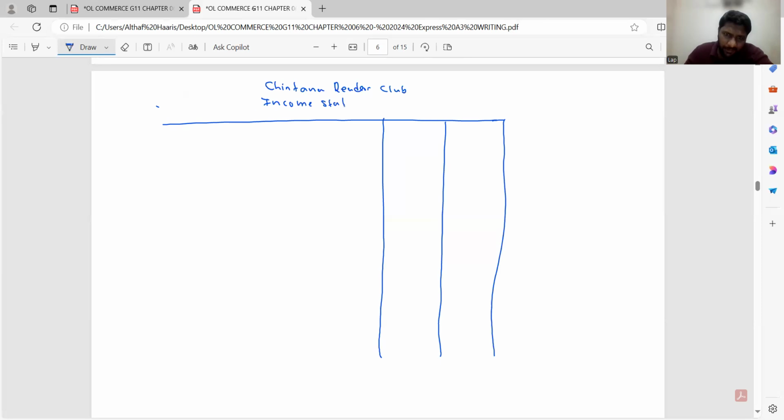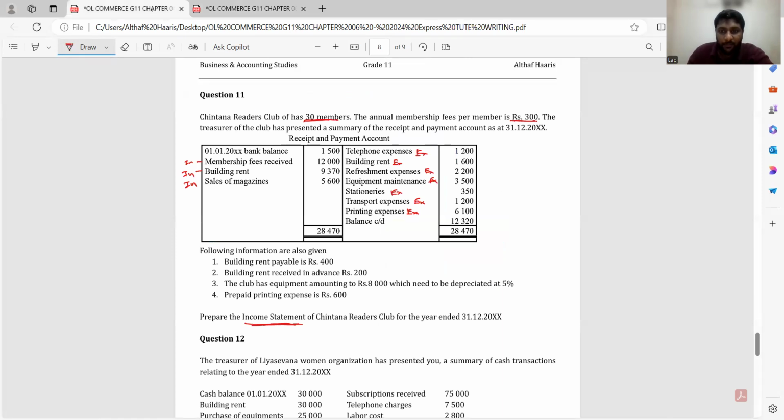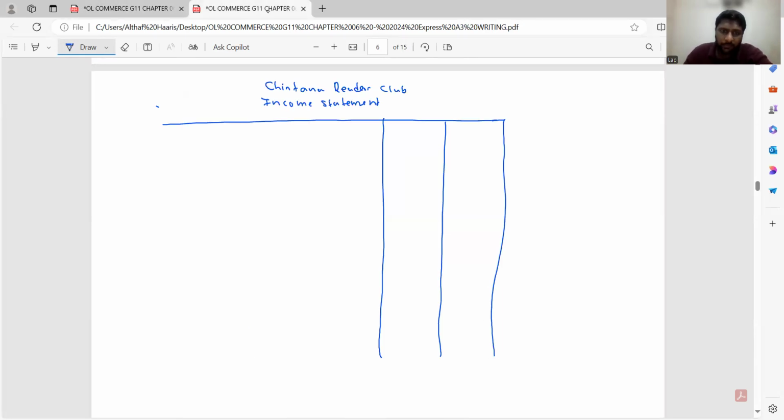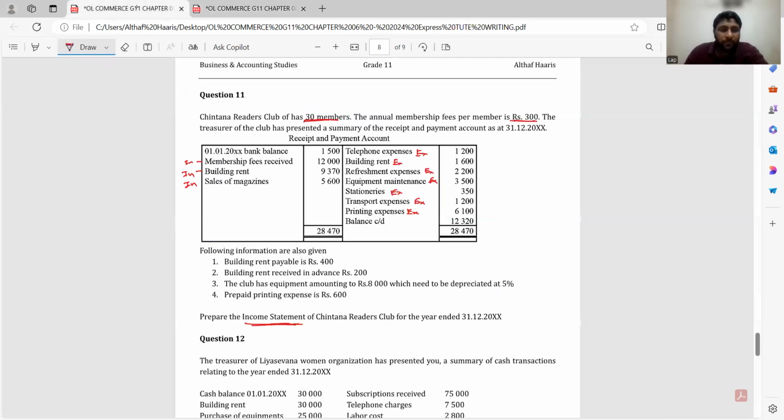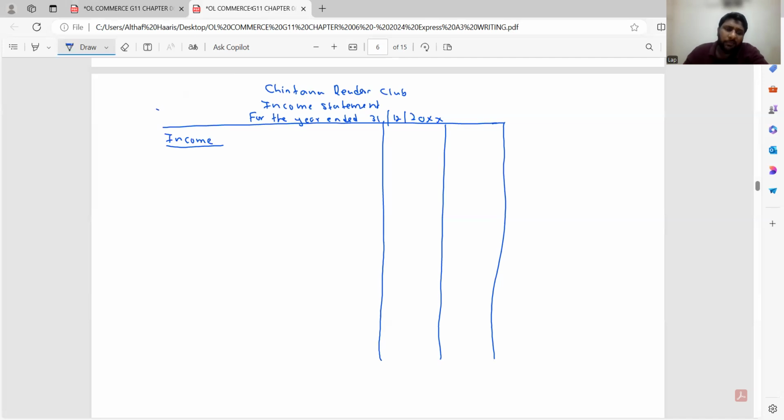Income statement. For the year ended 31st December 20x6. Then you have income. Membership fee, building rent income.